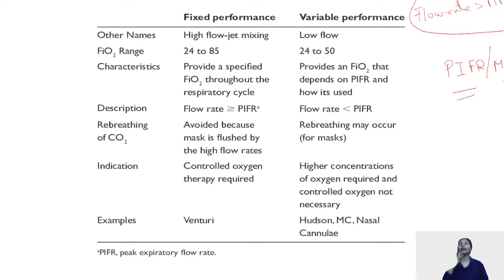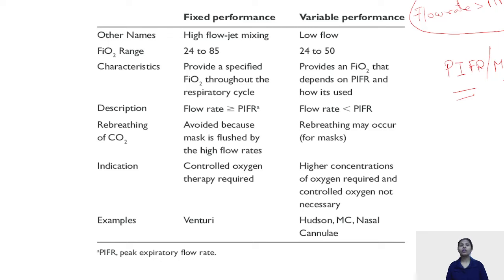I'll again explain. All the devices' performance depends upon two things. One, what are the patient's characteristics. Suppose the patient's peak inspiratory flow rate is say 20 liters per minute, okay? And one device is able to provide fresh gas flows of around 30 liters per minute.